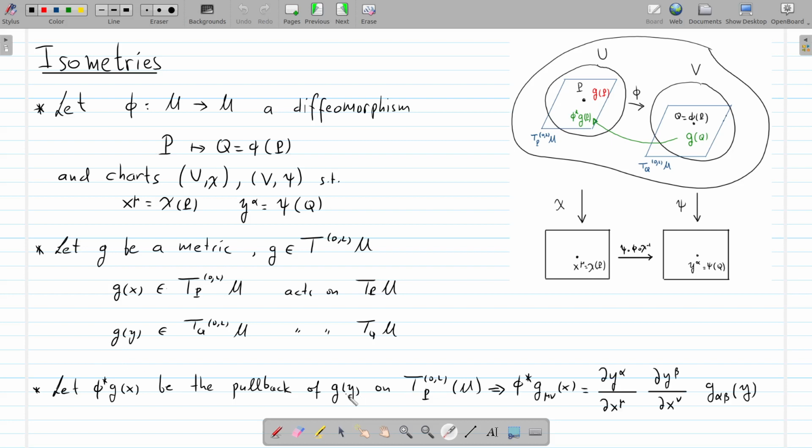We have already seen that the components of the pullback metric are given in terms of the components of the metric at the point Q via this relation here. And for this to be computed, we need to know the y's as functions of x, and they are computed by the maps that are shown in this figure here.